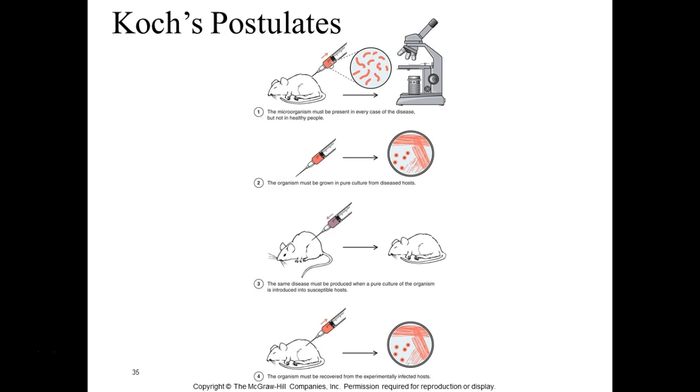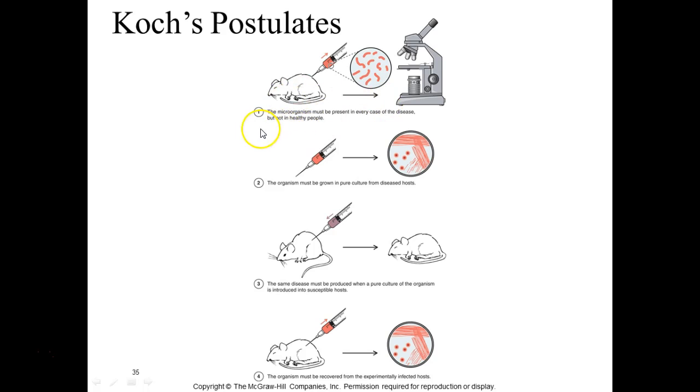So the first criteria, which is kind of hard to read on here, but if you just look at the picture, is that you have a poor little mouse that clearly doesn't look like he's doing so well, right? And they're doing what? No, they're actually taking from him, and growing it or taking a sample and looking at it under the microscope, observing that they have microorganisms there.